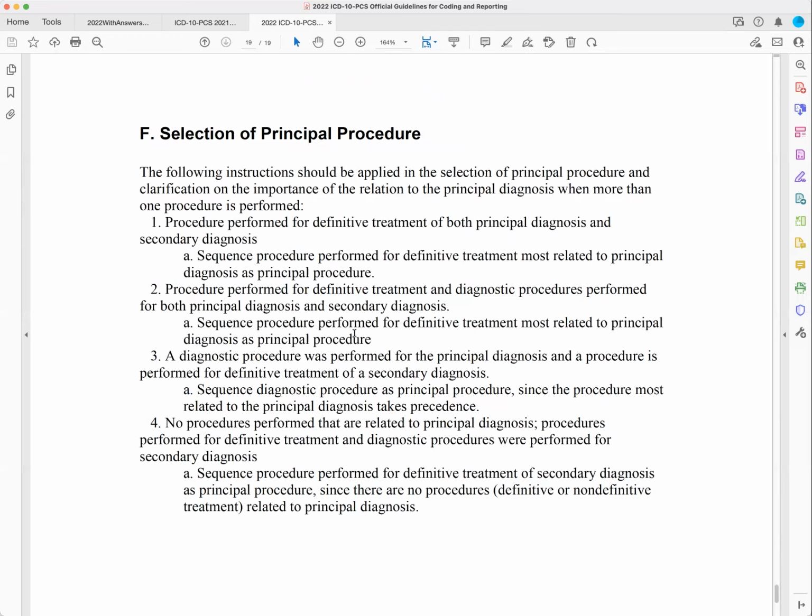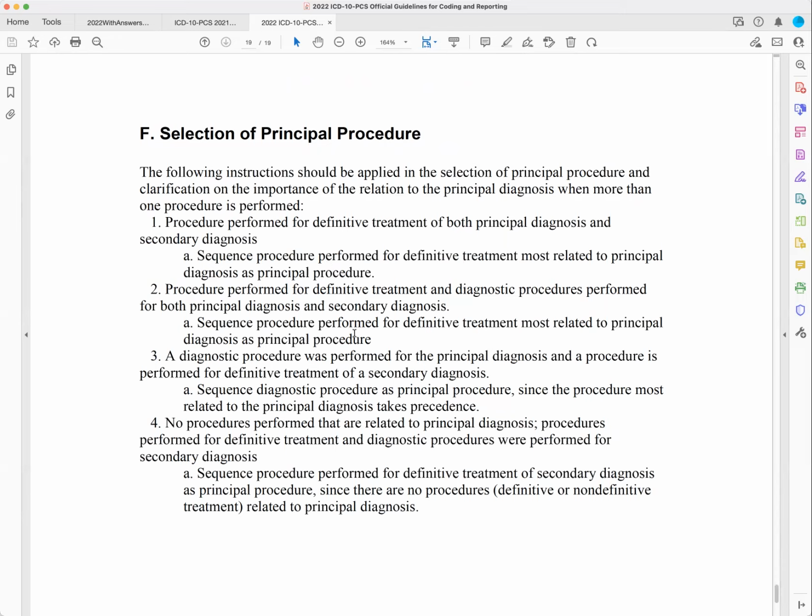That will be your principal procedure. If you have a procedure performed for definitive treatment and diagnostic procedures performed for both principal and secondary diagnoses, you're going to sequence the procedure performed for definitive treatment most related to the principal diagnosis as your principal procedure.